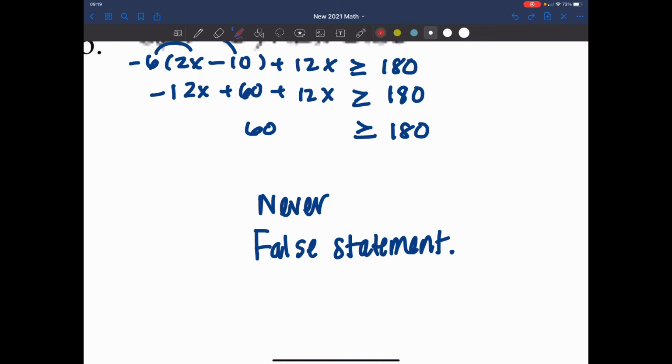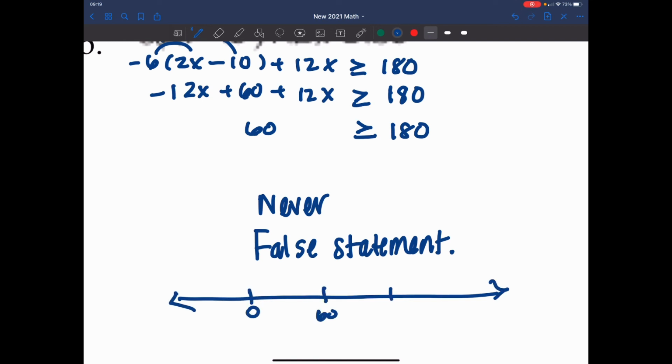So let's talk about why it's false. So the reason why it's false is because when I have a number line, if I look at 0, I look at 60, 120, 160, and then somewhere right here is 180, right?